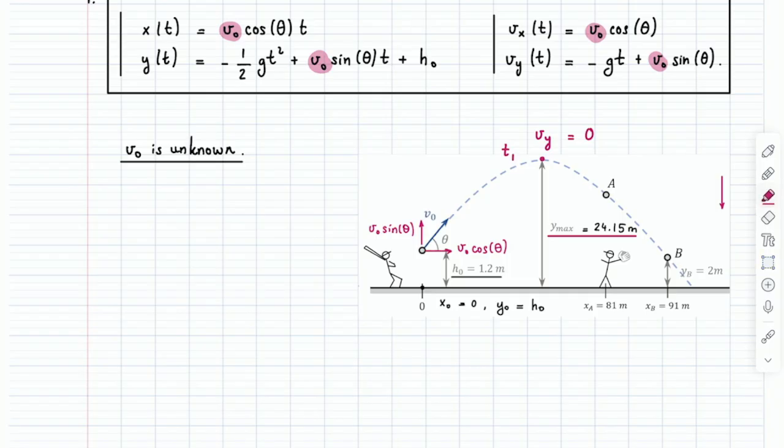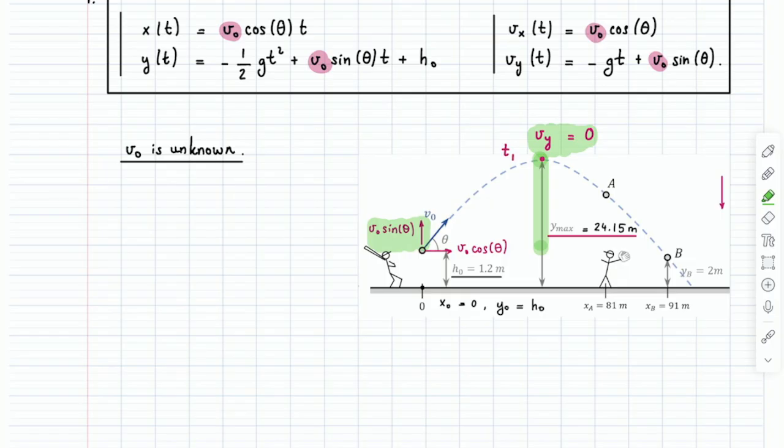Okay, let's leverage the fact that we know that the y component of velocity is v0 sine theta. We don't know v0, we want to solve for it, so we do want to have it in our equation. And here vy is 0. The change in height from here to here is known because I know y max and I know h0.